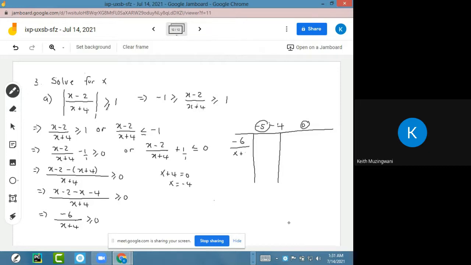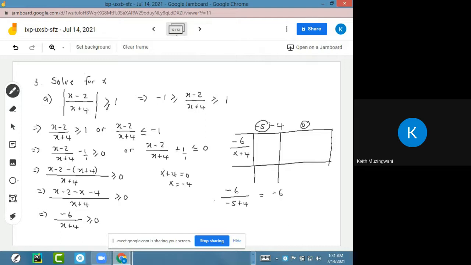x plus 4. Because even if we got negative 6, there's nothing to substitute there. So we just get the whole thing. So when x is negative 5, we'll have negative 6 over negative 5 plus 4.